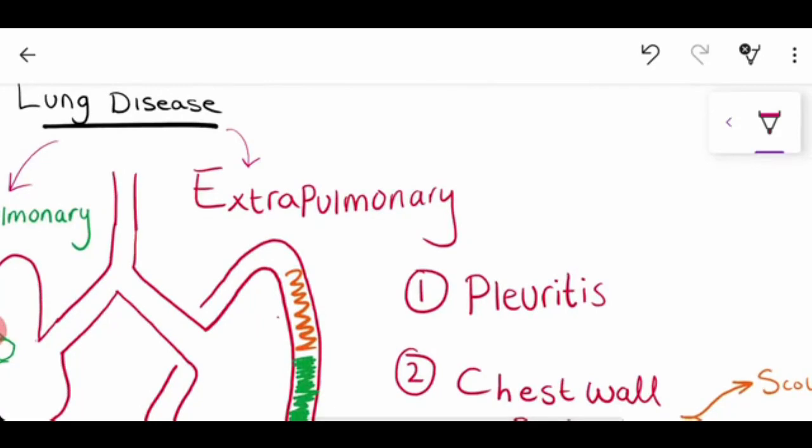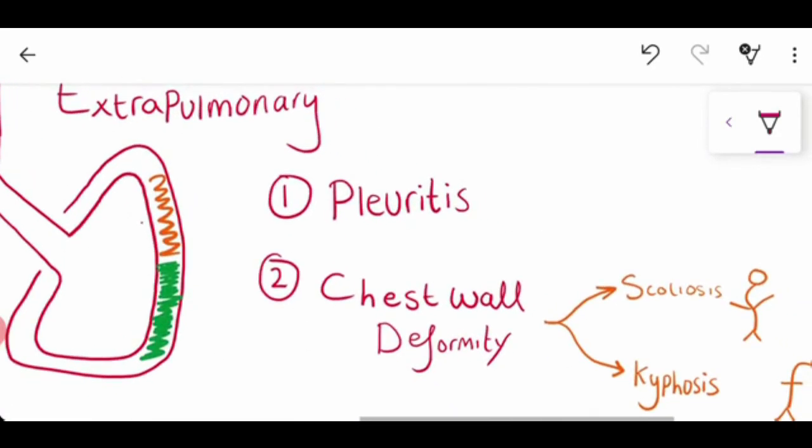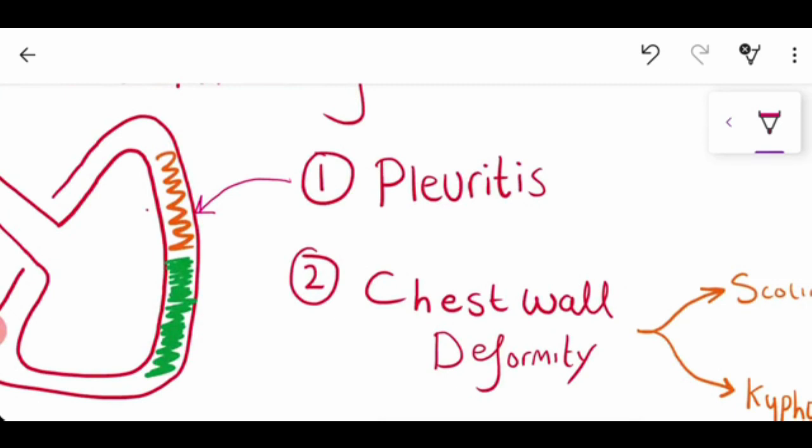Extrapulmonary: factors outside of the lung. What can this be? Number one, pleuritis, as you can see here. We have an abnormal fluid buildup within the pleural cavity. There should not really be any fluid apart from the physiological amount.